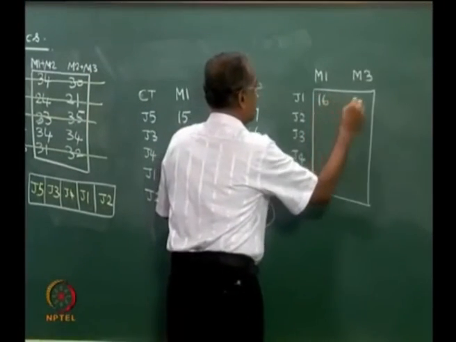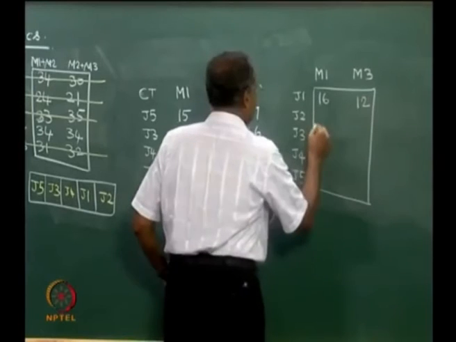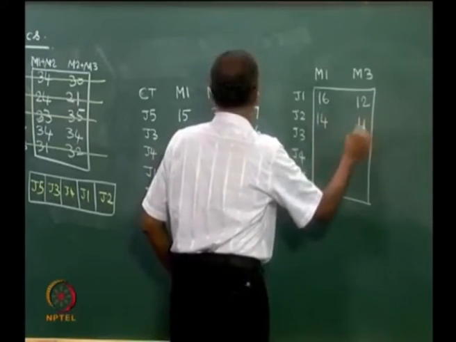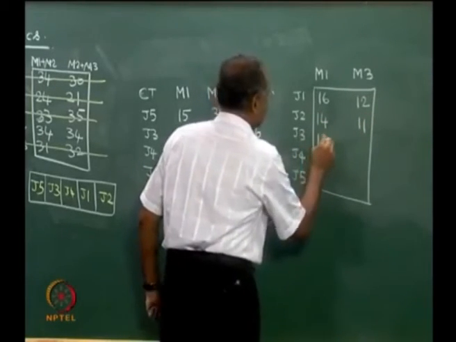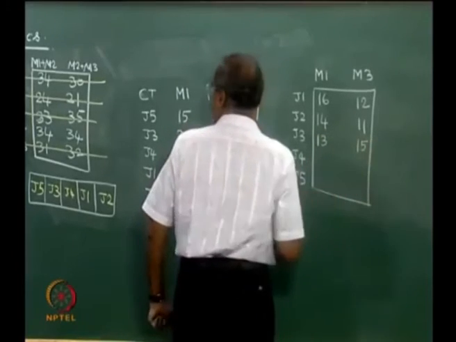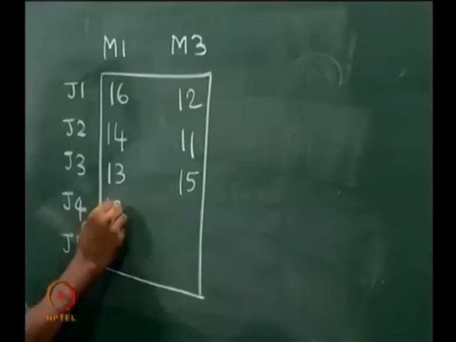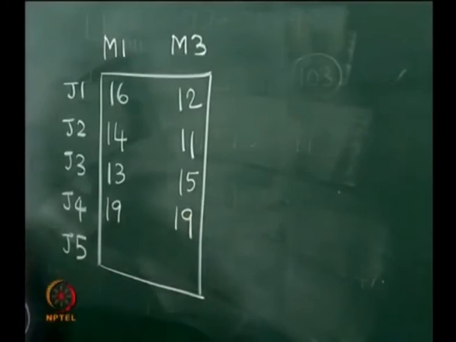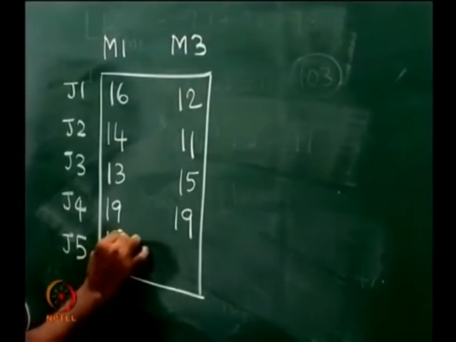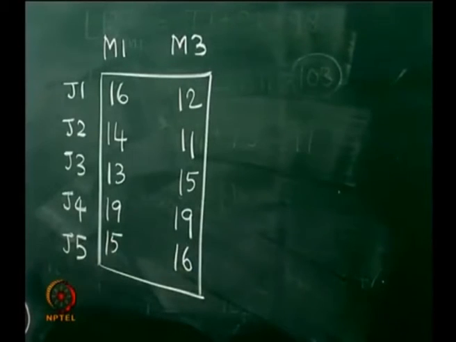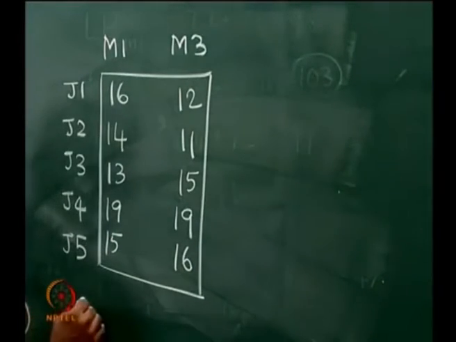So, we get 16, 12, 14, 11, 13 on M1, and 15, 19, 19, 15, 16 on M3. Now, let us make another Johnson sequence.